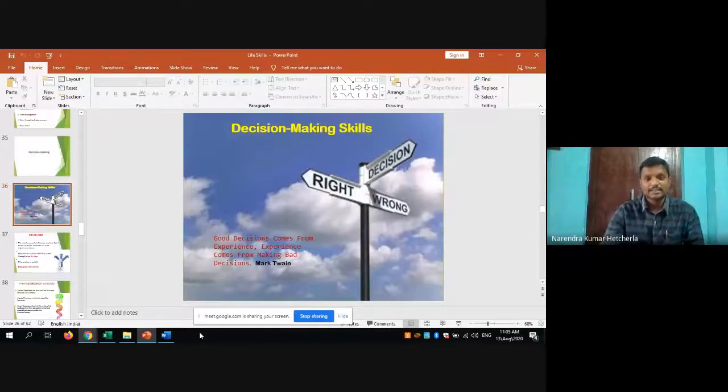Look, there was a saying given by Mark Twain. Mark Twain, he's a good author, right? He says good decisions come from experience, and experience comes from making bad decisions. Students, try to understand this. Try to focus on this. He claims and clearly says that good decisions come from experience.